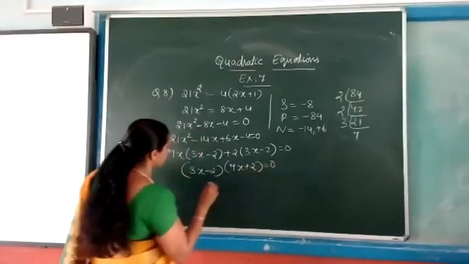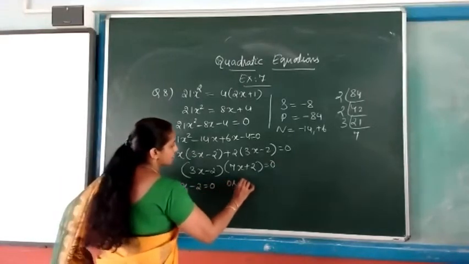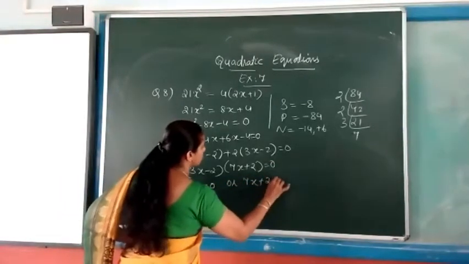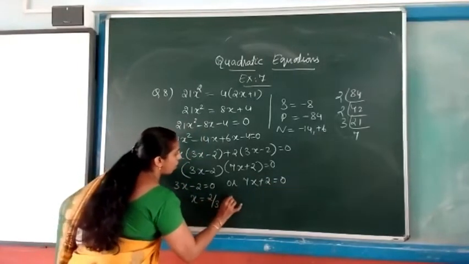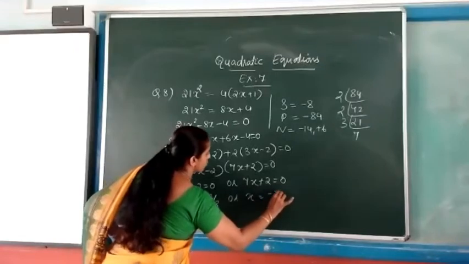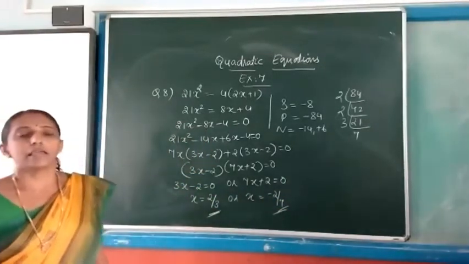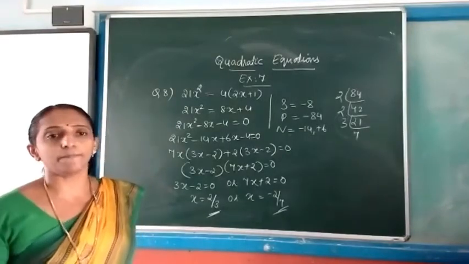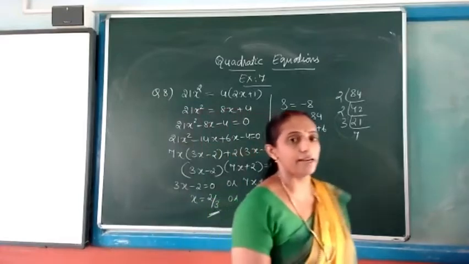You will equate 3x minus 2 equal to 0 or 7x plus 2 equal to 0, implies x equal to 2 by 3 or x equal to minus 2 by 7. So two answers you are getting for x, either x equal to 2 by 3 or x equal to minus 2 by 7.